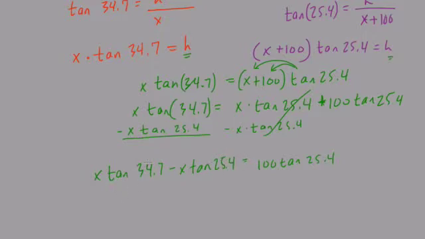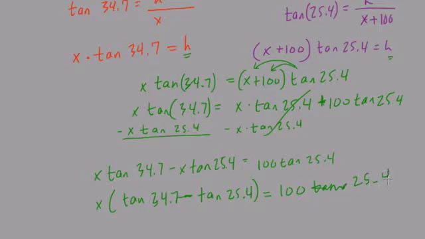And what is this? Well, x is a common factor. Factor it out: x times the tangent of 34.7 minus tan of 25.4. Once x is factored out, we can solve this. These kinds of algebra problems look intimidating, but really all we're doing here is solving for x.